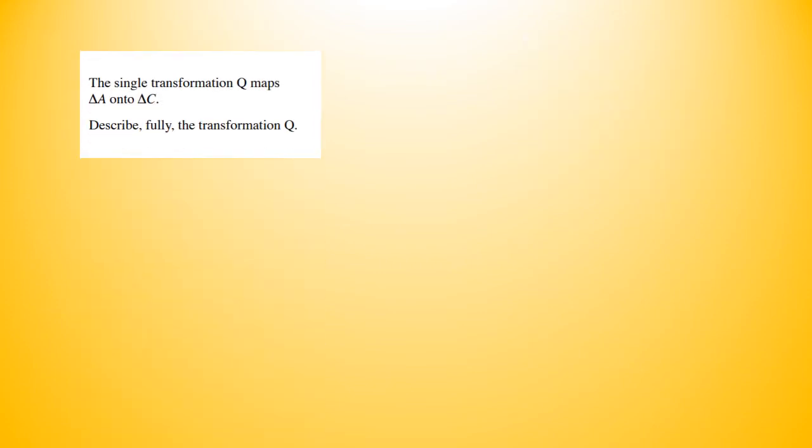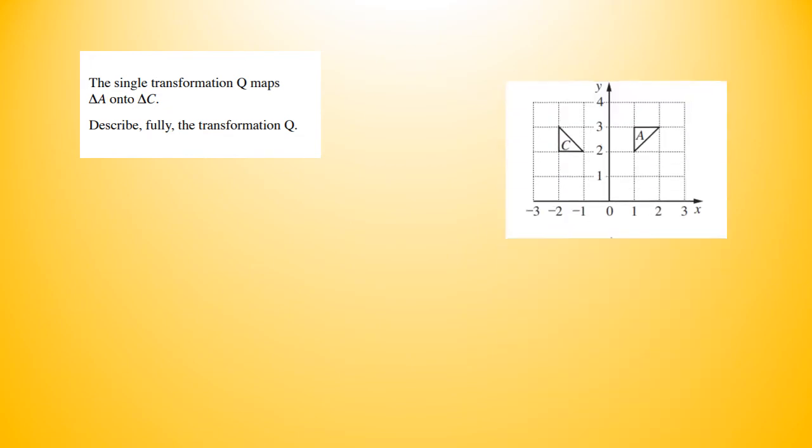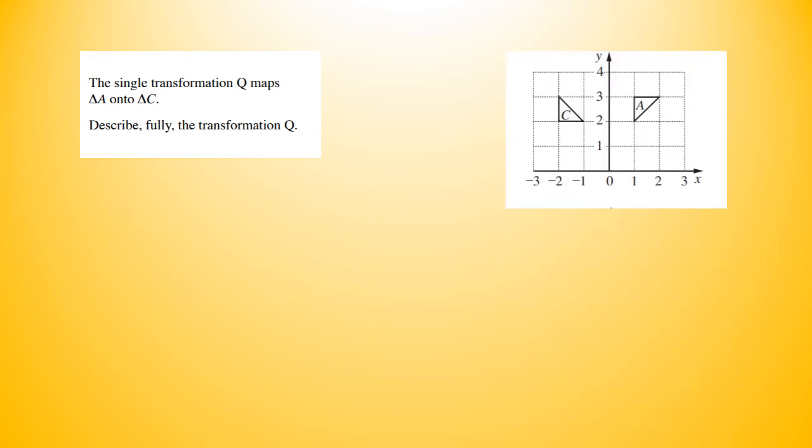Next part, the single transformation Q maps triangle A onto triangle C. Describe fully the transformation Q. Again, they talk about the single transformation, not about a matrix transformation. You can clearly see that the triangle A has not changed its size.